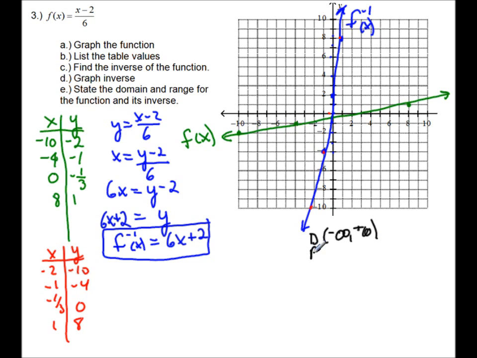And our range, as we go up, it keeps getting positive, and as we go down, it keeps going negative. So this is negative infinity, positive infinity. And this is what we would expect with lines. And the same is true for the function itself. The domain is going to be negative infinity, positive infinity, and the range is going to be negative infinity and positive infinity.